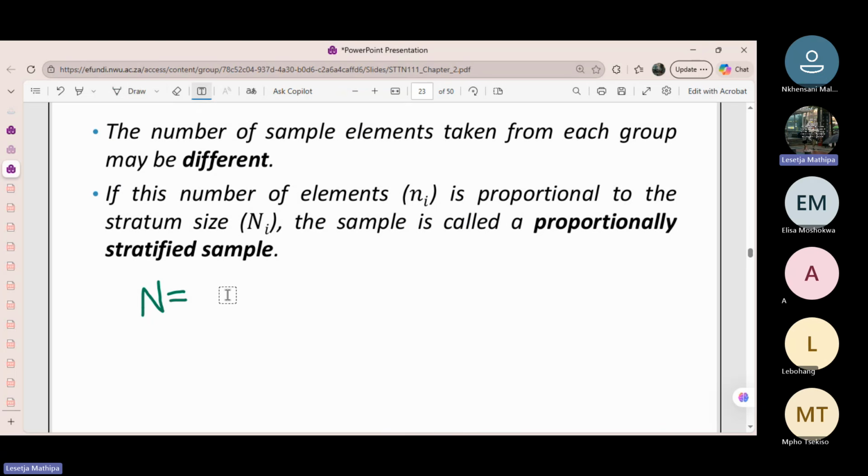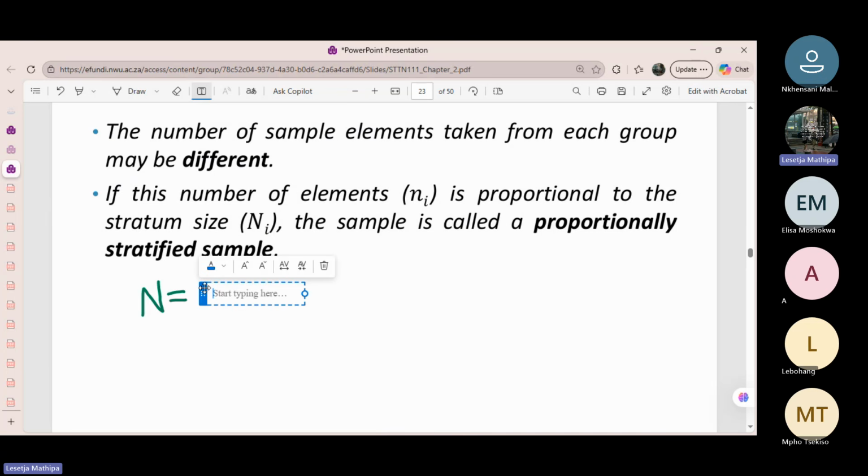Let me just write it here. Population size, capital letter N.